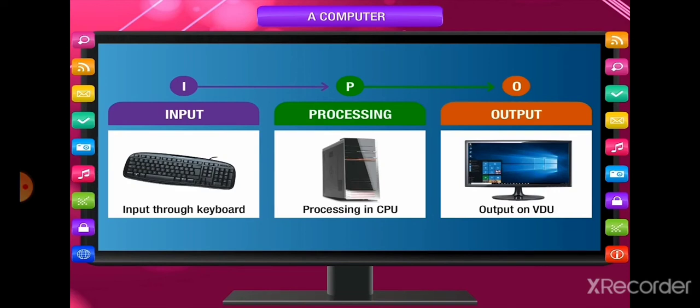It acts as an input. Even the mouse, you give commands with the mouse as well, or sometimes with the scanner, which works as an input. And when the CPU does any processing on it, that works as processing. And whatever you get on a monitor or on a printer, that acts as an output.